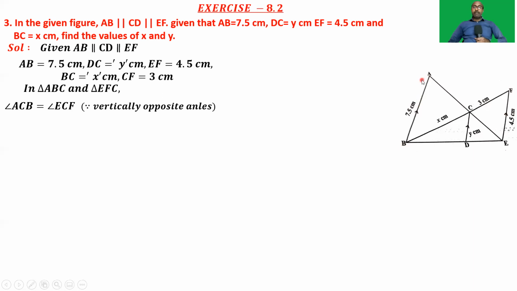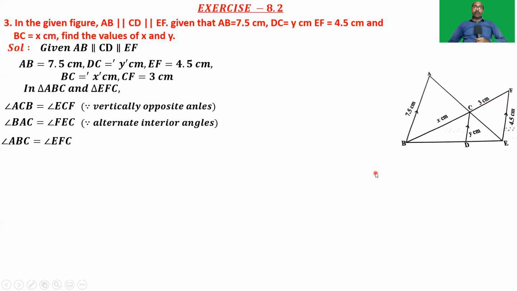Also, as AB parallel to EF, angle BAC is equal to angle FEC, because they are alternate interior angles. Now, also we have angle ABC is equal to angle EFC, because these two angles are also alternate interior angles.